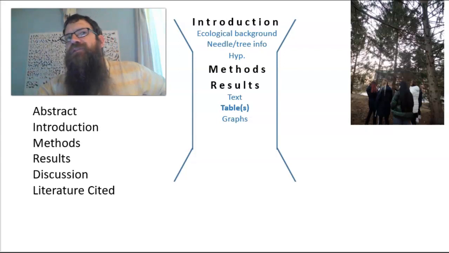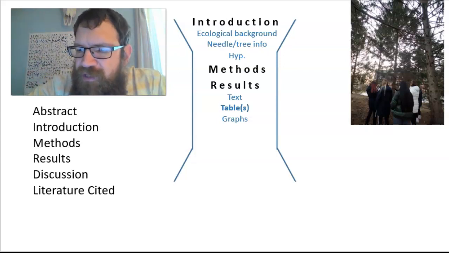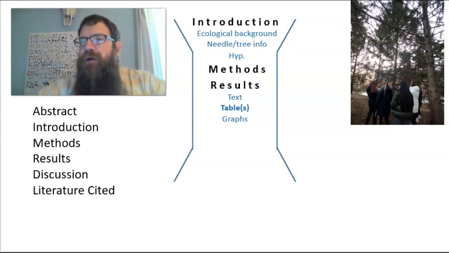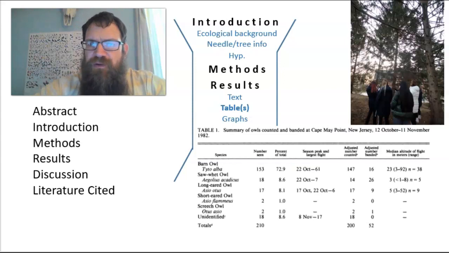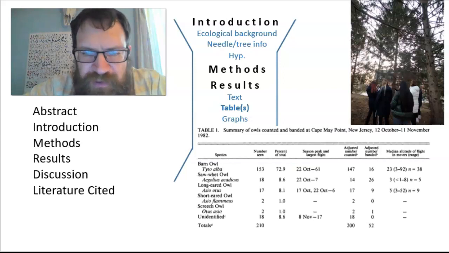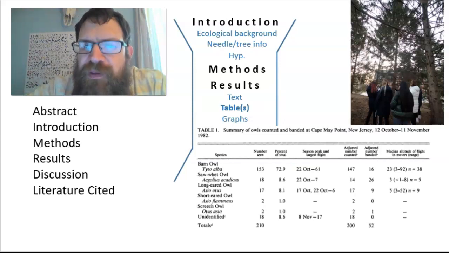Now, table results are never presented as raw data. So you're not going to have a data table that includes all the hundreds of measurements of needles that were taken. But you want a summary table. So here's an example that I just pulled from a study I was looking at about owls. And you can see in this table, you've got rows and columns of information.